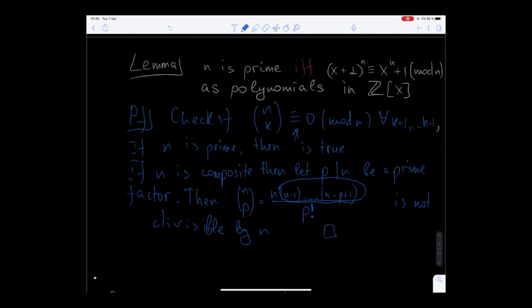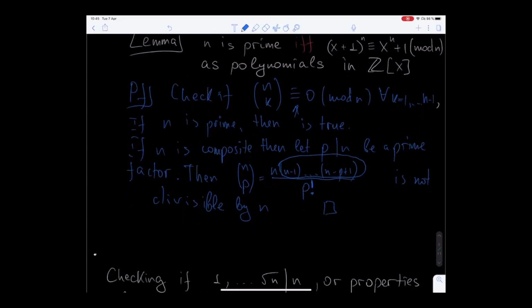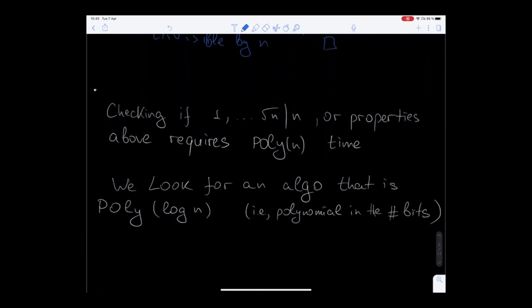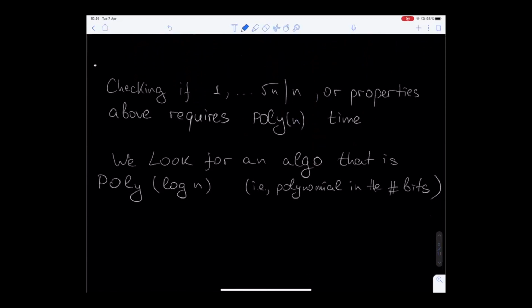Okay, so this is a bunch of possible criteria, and all of that can be checked quite efficiently as a polynomial in n, but when we ask for an efficient algorithm for primes, we don't want it to be polynomial in n. We want it to be polynomial in log n, that is, polynomial in the number of bits you need in the binary representation of n.